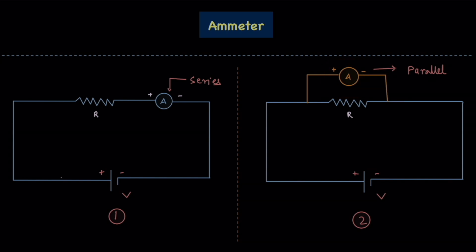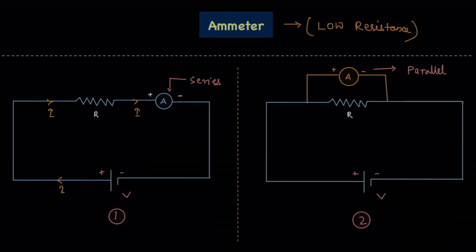If the current moves in this direction, it will pass through the ammeter, and the ammeter has low resistance. Due to the low resistance of the ammeter, the current will easily pass through it without any disturbance.